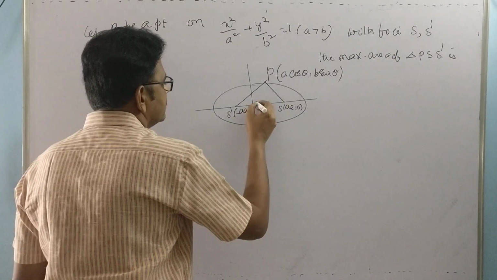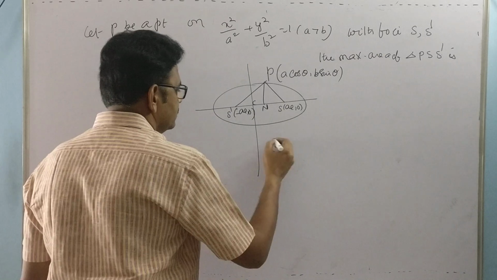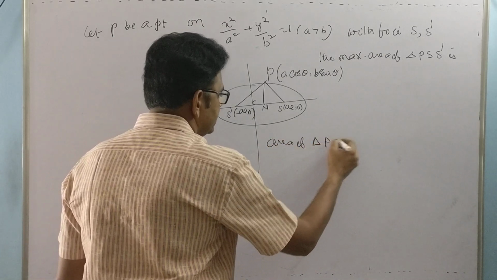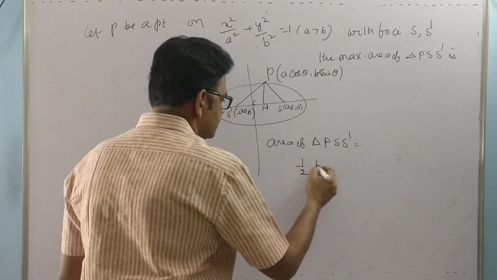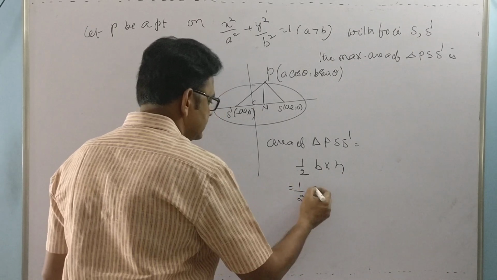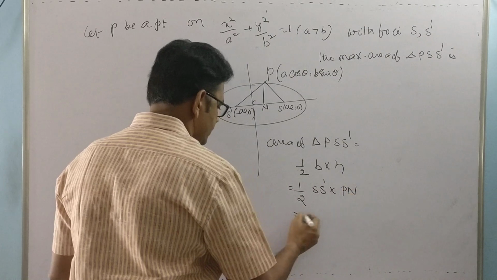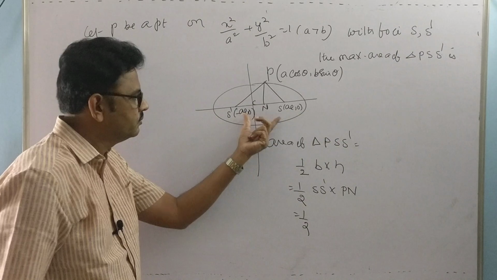So this is the center 0 comma 0, and let this be N. Now area of triangle P S S dash is equal to half into base into height, where base is S S dash, height is PN. S S dash is the distance between the foci.